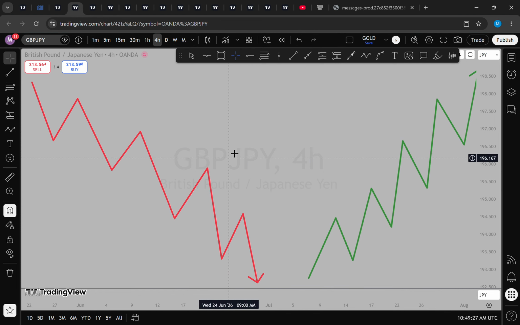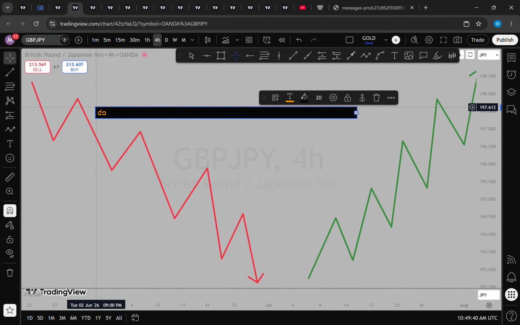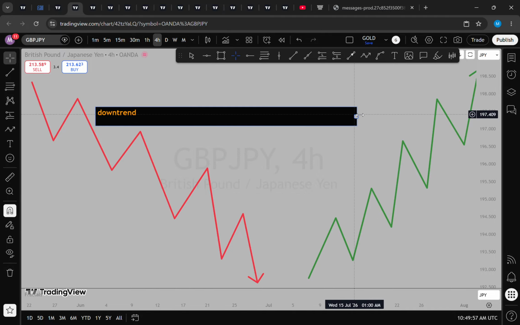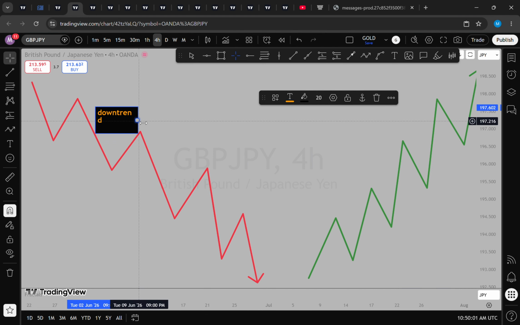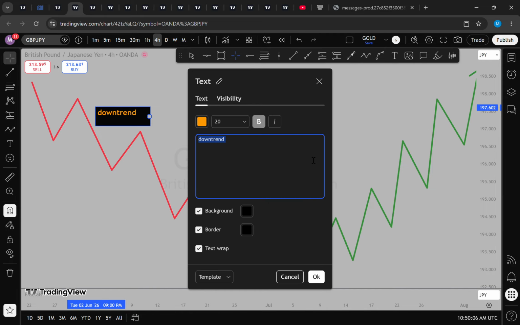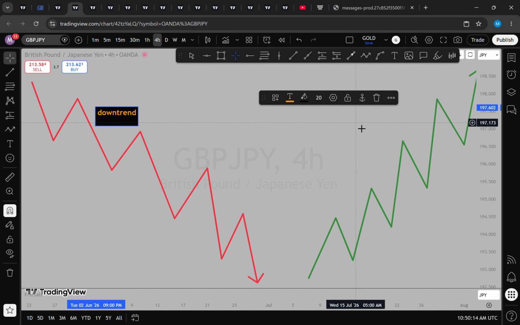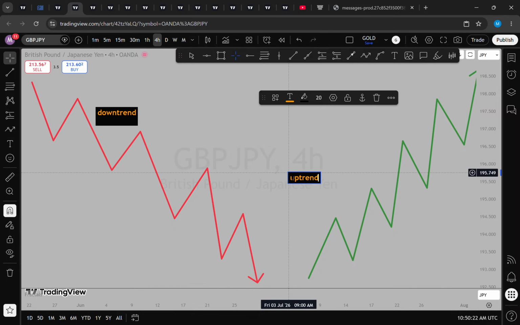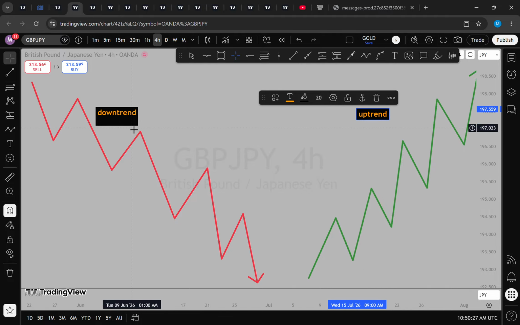From the diagram I have here, this is a downtrend, and this is an uptrend.